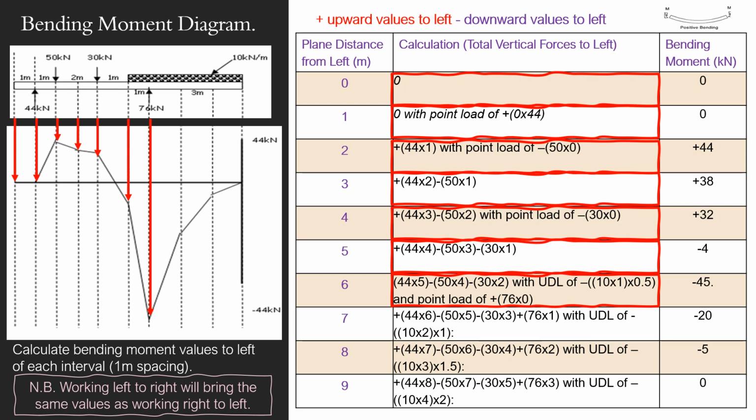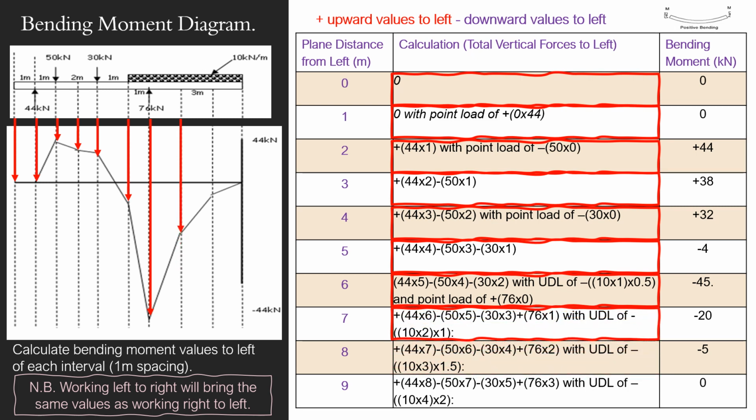But the distance from this point that we're trying to calculate from is half of that whole UDL, uniformly distributed load, right? So you put a point in the middle, and you say, well, actually, half of 1 metre is 0.5, and that's what you're doing there. The distance is halfway between that UDL, so half of that 1 metre.